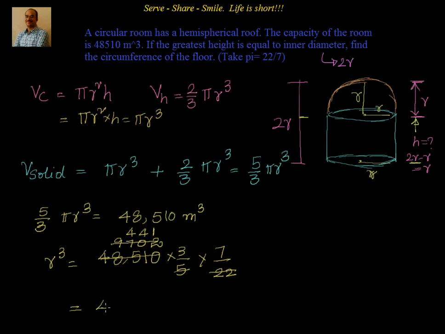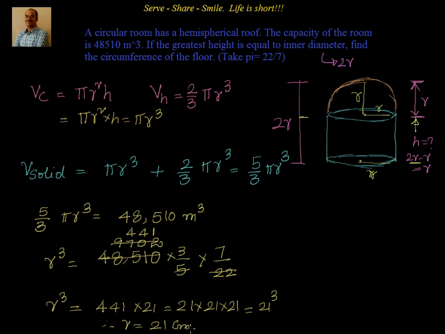So this is nothing but equal to 441 into 21, but I know 441 is nothing but 21 square. So I can write it as 21 into 21 into 21, or r cube equal to 21 cube. That's exactly 9261 if you multiply. Therefore, r equal to 21.